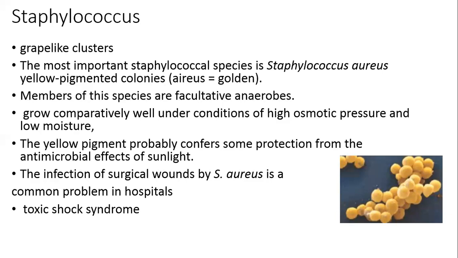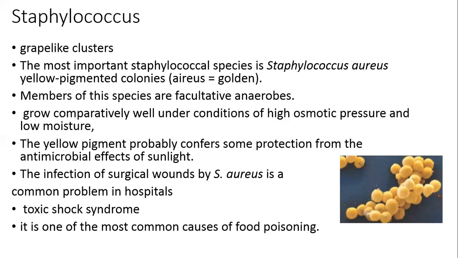Staphylococcus aureus also produces some other toxins which target your gut, right? So it is also a common cause of food poisoning. Staphylococcus aureus based food poisoning is very common, because if this organism is growing in your food, it generates toxin.